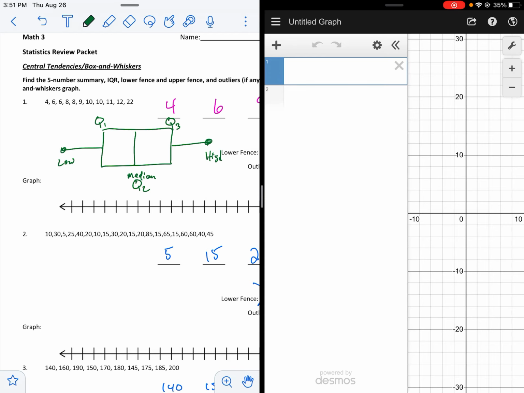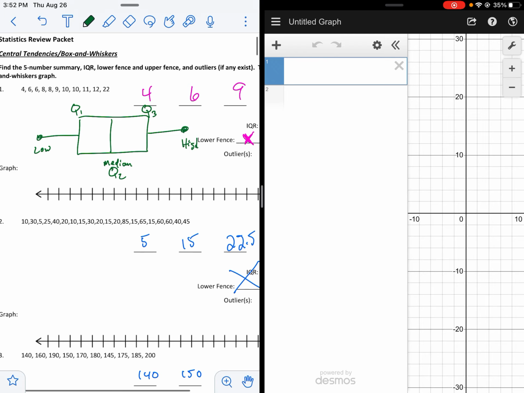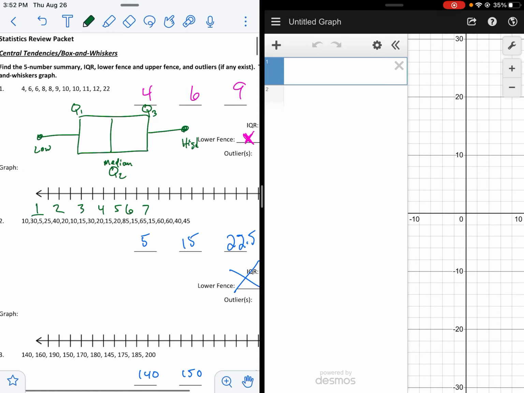So you put the numbers in order, and then you find the halfway point, which is the median, and then the quartile is the halfway point of each half. For example, 1, 2, 3, 4, 5, 6, 7. The median has three numbers on that side and three numbers on that side, so the median would be 4.